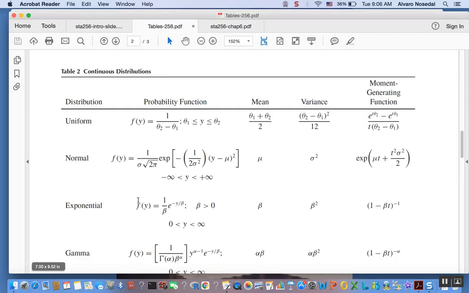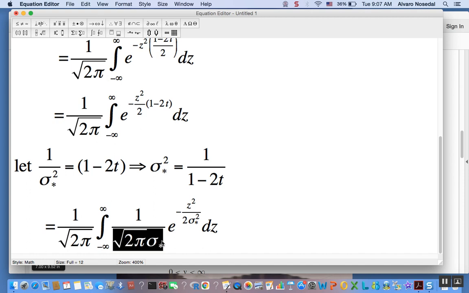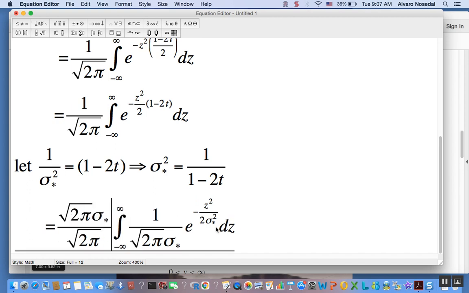Because it must be sigma, right? Okay. So times our sigma star, but since we are dividing by this constant, we don't want to affect things, right, we have to multiply by that same constant, and that would be multiplying by a 1, and that's legit, that's legal, right?